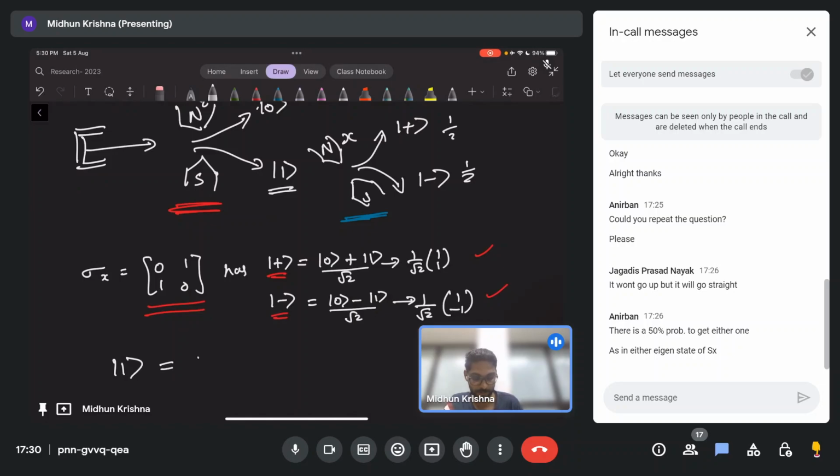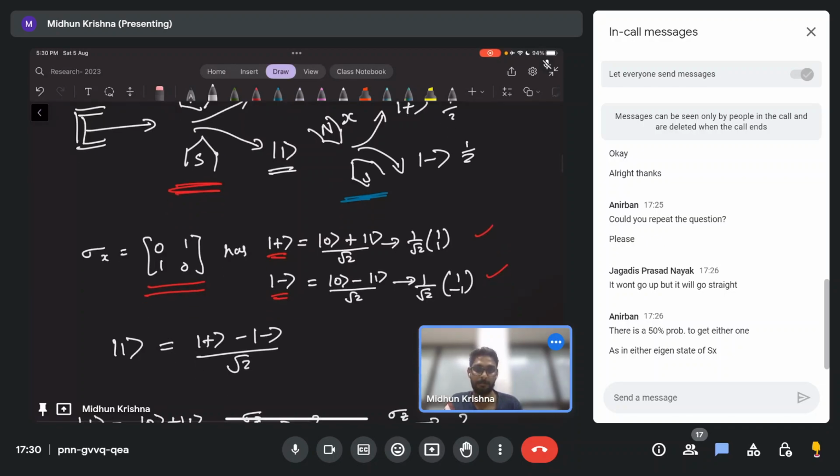Now I can write the one state as a linear combination of the X basis. The spin that points downward in the Z direction is this state, and that state in the X form looks like this. So when I do a measurement along the X direction, it will collapse onto these states.